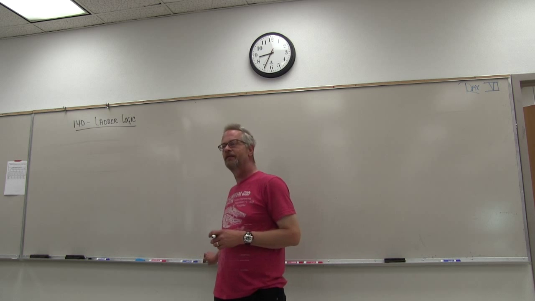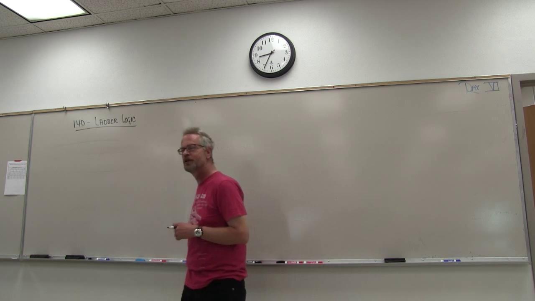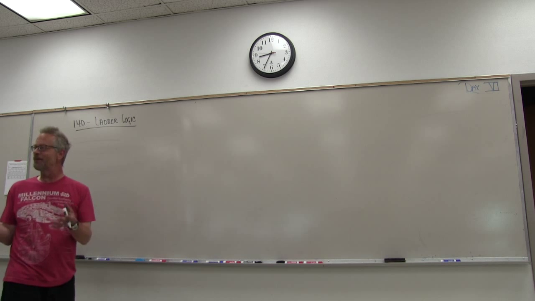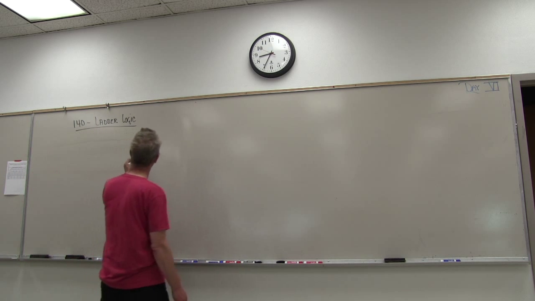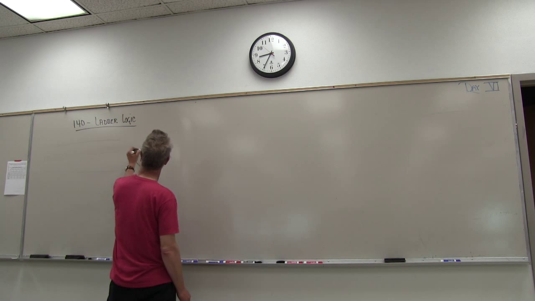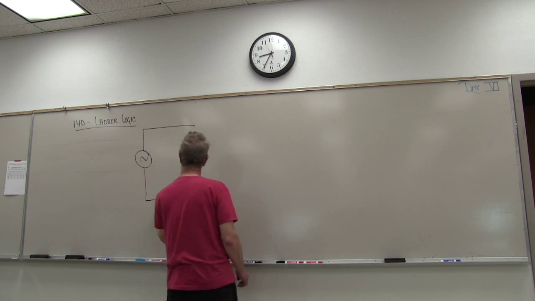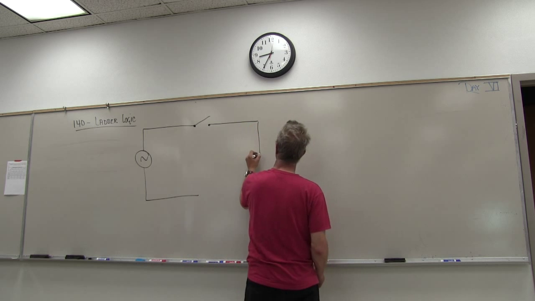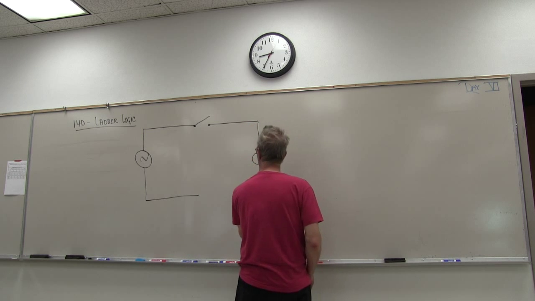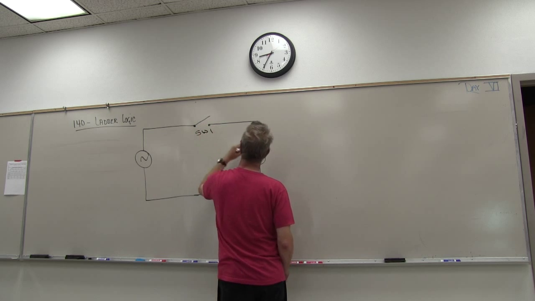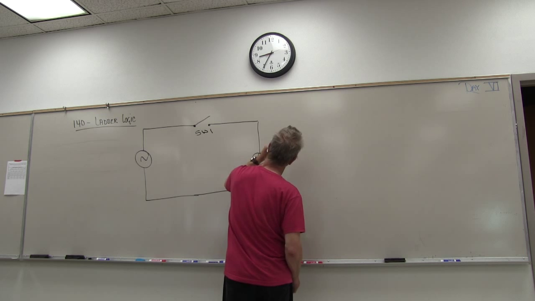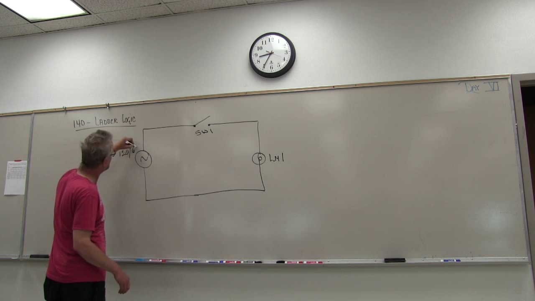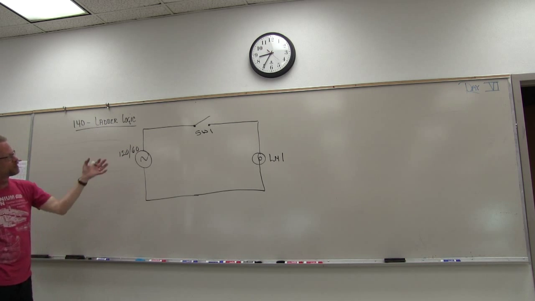Okay. One of the things that we mentioned yesterday is that when we talk about industrial schematics, we're not talking about the same type of schematics that we would discuss in the electronics world, where we might have a circuit that looks like this. 120 volts, 60 hertz, through a switch to a light bulb.